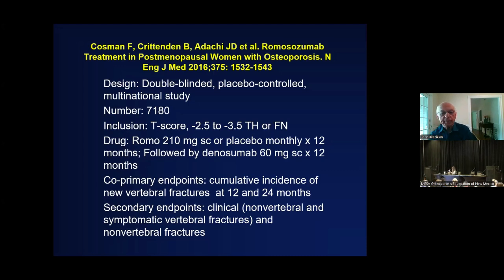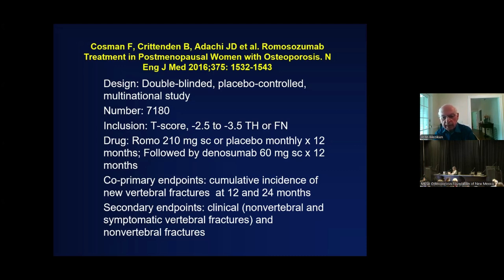Yes, please do. Okay, so the romosozumab clinical trial, again, we're familiar with. Felicia Cosman published the major study in the New England Journal, and you all know the very nicely designed study using Romo, 210 milligrams subcutaneous monthly versus placebo monthly with a transition to denosumab.